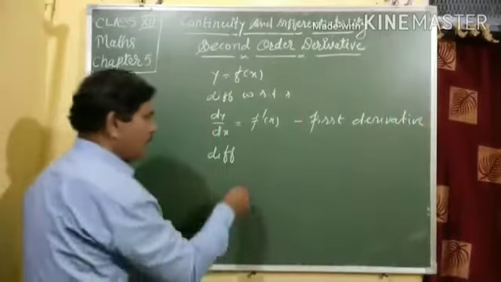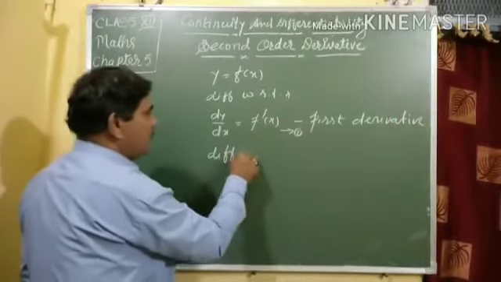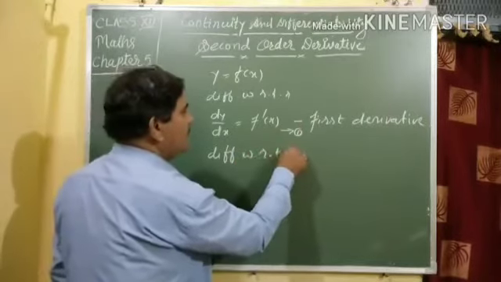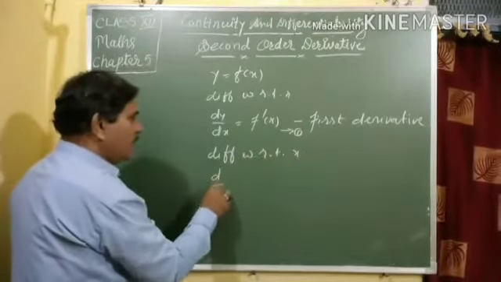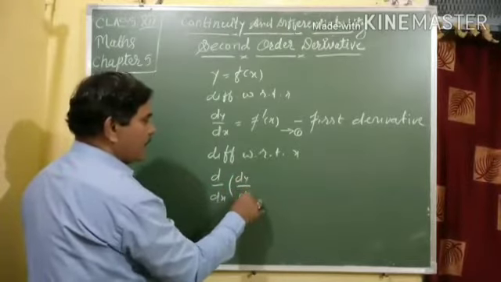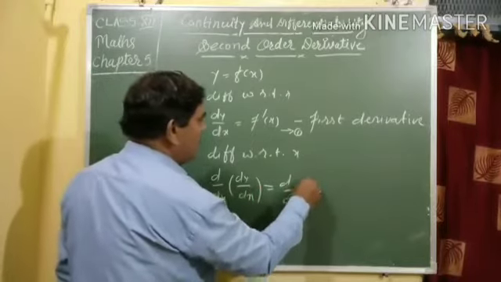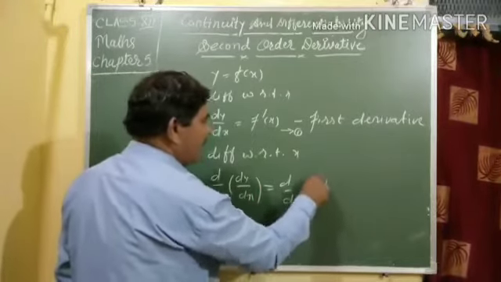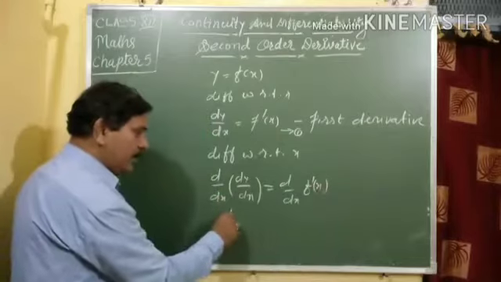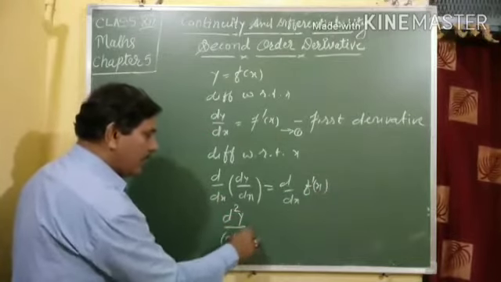This is first derivative. Now again this equation number first, differentiate with respect to x. Then you will get d by dx of dy by dx is equal to d by dx of f dash x. So this you can write as d square y by dx whole square.